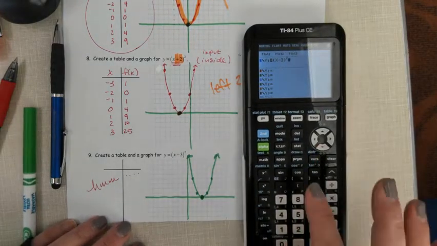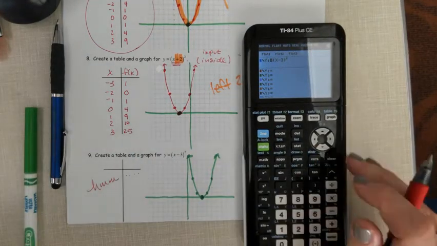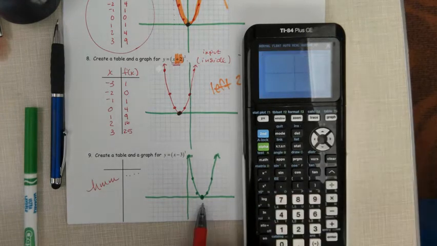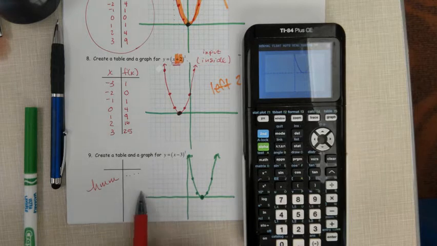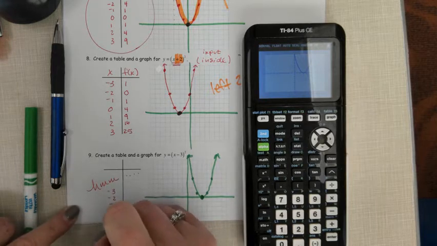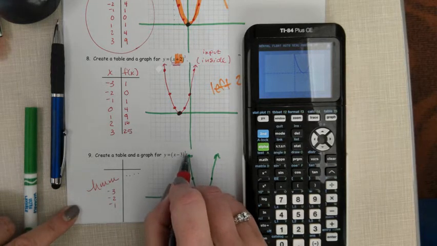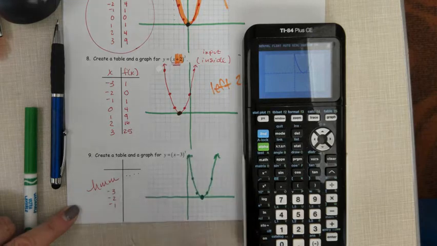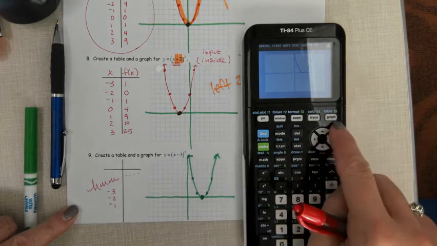Okay? It's only as good as you are. So if I graph it, I can see the picture. But let's say it was a quiz question that was asking me for an exact output and I was unsure. Okay? Even though I know you're all super smart and you would plug that in. -3 minus 3 is -6, squared is 36. But let's check by hitting the table.